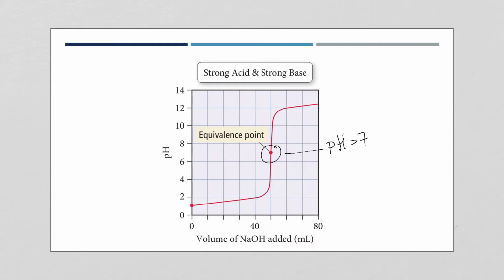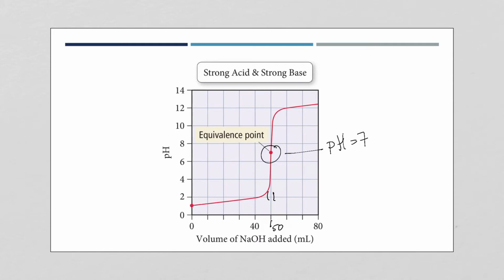So if this is 50 here, you can see that, starting, say, here and going to, say, here, we get a pH change from just over 2 to about 11, right? Maybe a little higher. And so we get this drastic pH change within this very small volume.